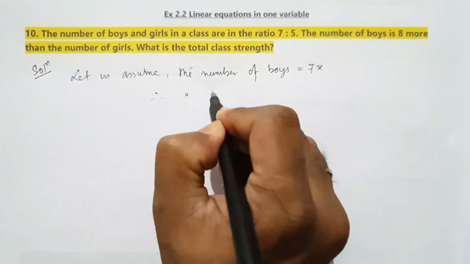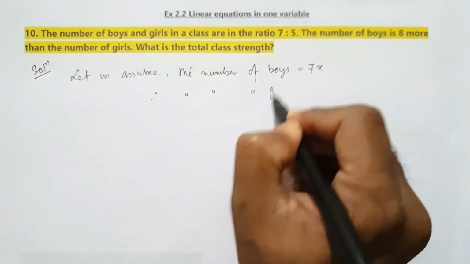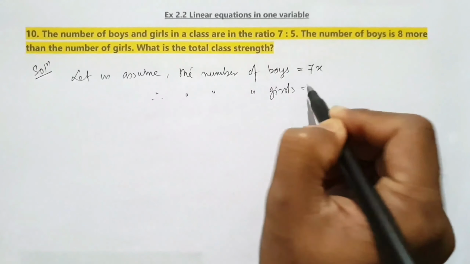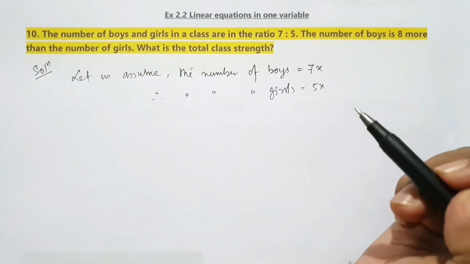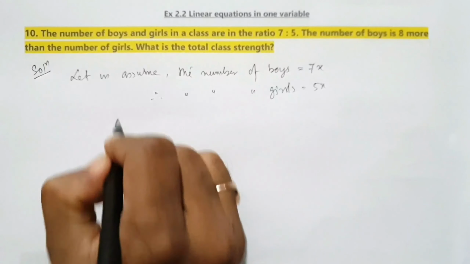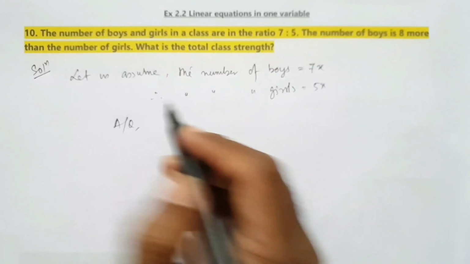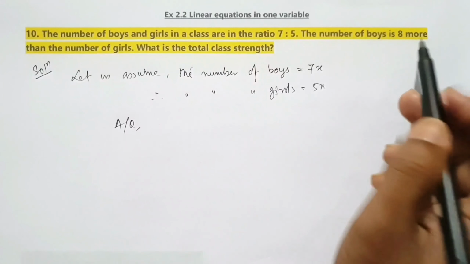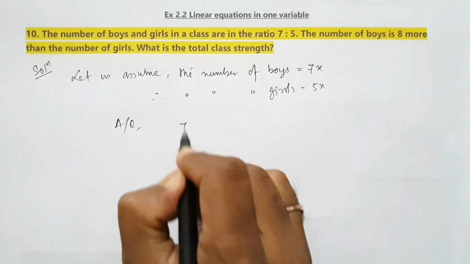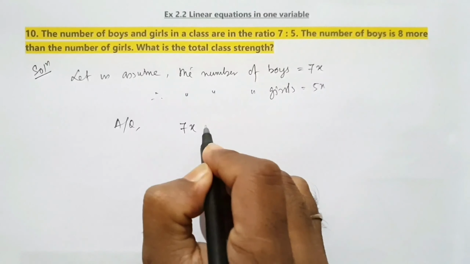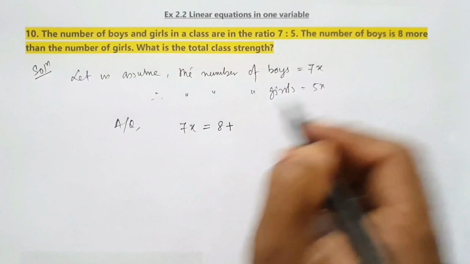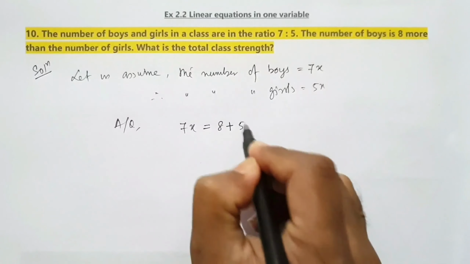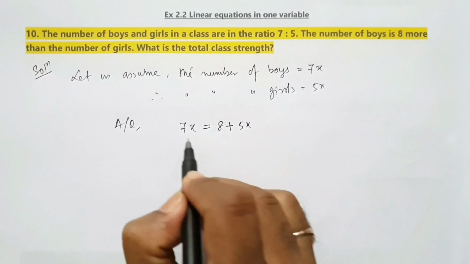Therefore, the number of girls will definitely be 5 times x, as in the question, we can say 7:5. Now, according to the question, they said the number of boys is 8 more than the number of girls. It means the number of boys we have assumed, 7x, is equal to 8 more than, means 8 plus the number of girls, that is 8 plus 5x. So this is the ultimate equation.